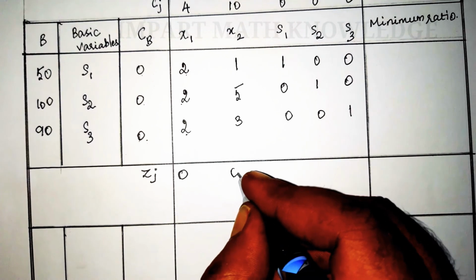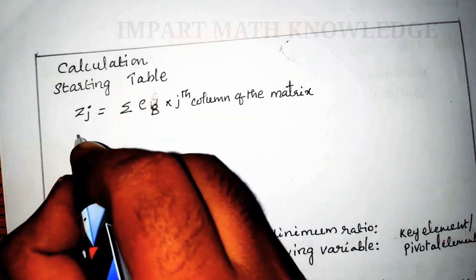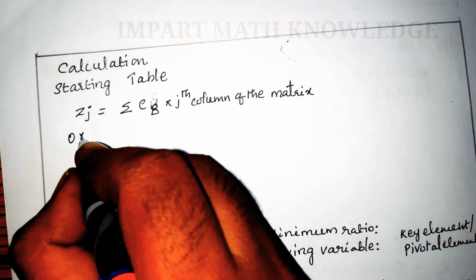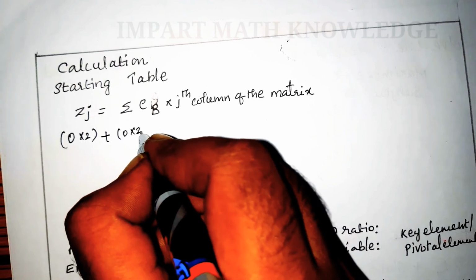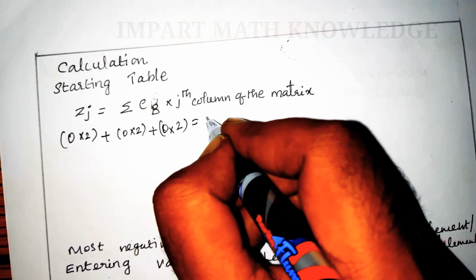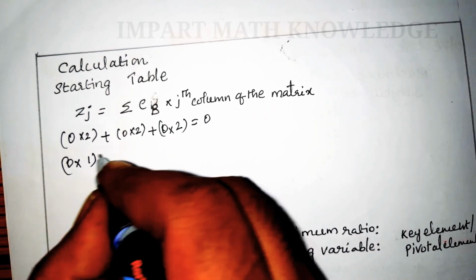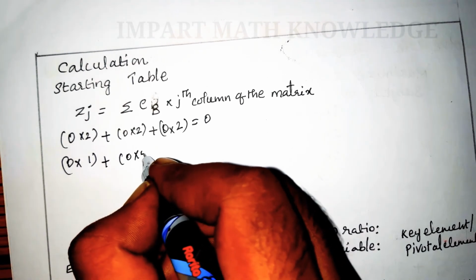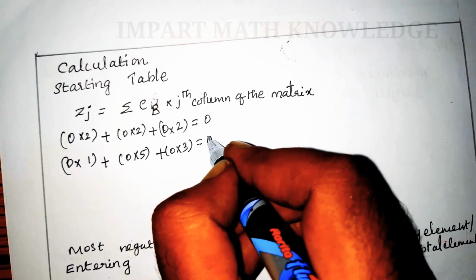That is 0. I will explain through the formula. First value is 0 into 2 plus 0 into 2 plus 0 into 2. This is equal to 0. For the second column, 0 into 1 plus 0 into 5 plus 0 into 3. The value is 0 again.